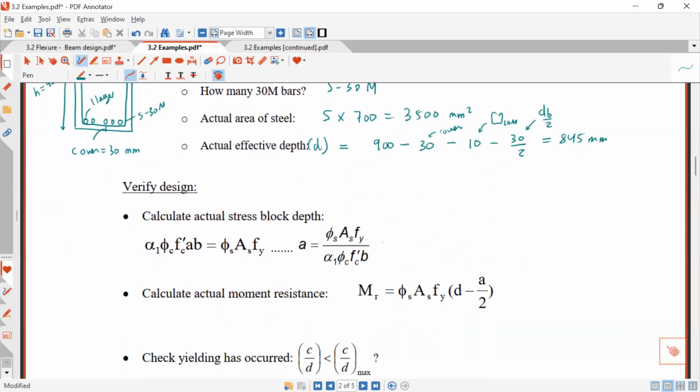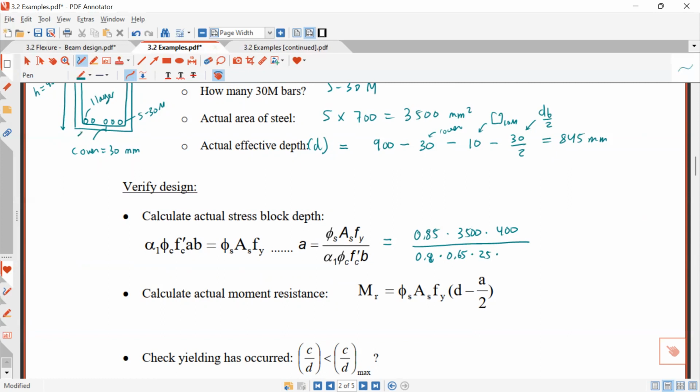So let's calculate A. A we're going to get from here. So this is 0.85 times area of steel, which is 3,500, times Fy, which is 400, divided by alpha 1, which is 0.8, times phi c, which is 0.65, times F prime c. What are we using? We're using 25 MPa.